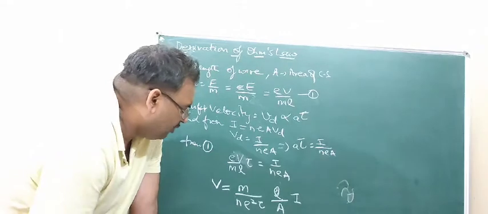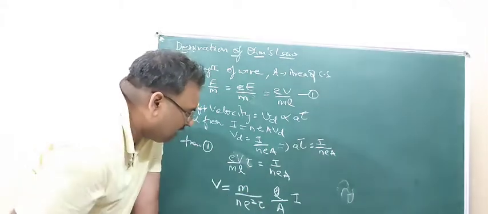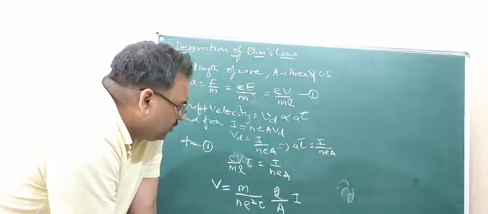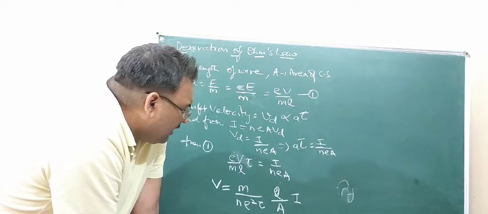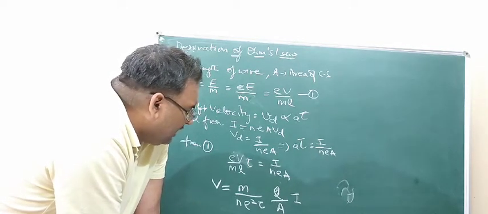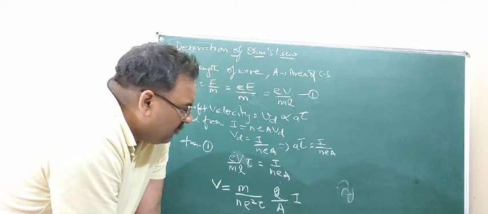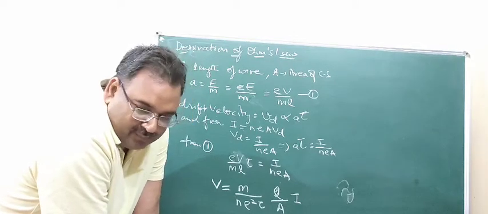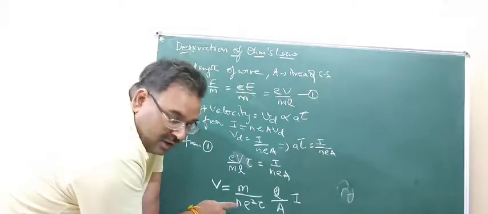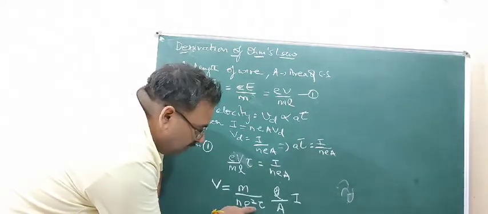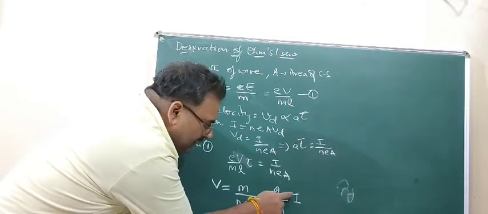So we leave V on one side and take everything on the other side. So we cross multiply. What do we get? V is equal to m upon ne square tau into L upon A into I.